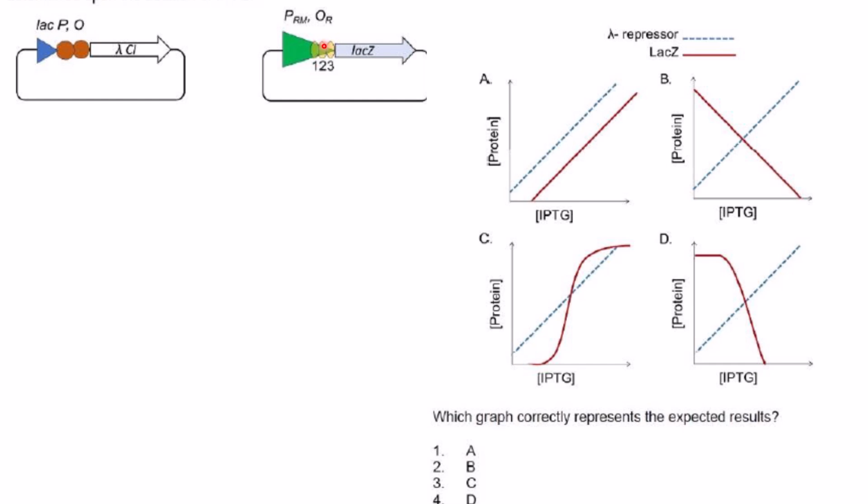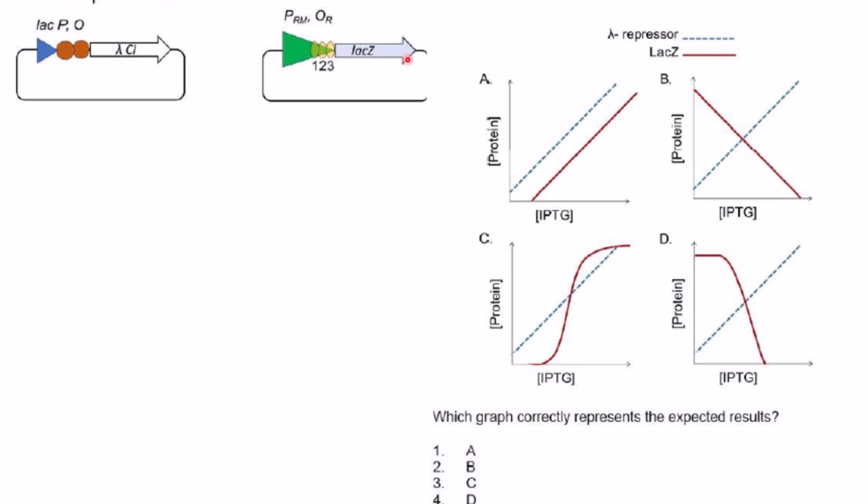More affinity, low concentration of CI. So the PRM promoter is getting ready to bind with the RNA polymerase. It will bind and it will result in the synthesis of lacZ. Okay, lacZ concentration is increasing, CI concentration is increasing, lacZ concentration also increasing.